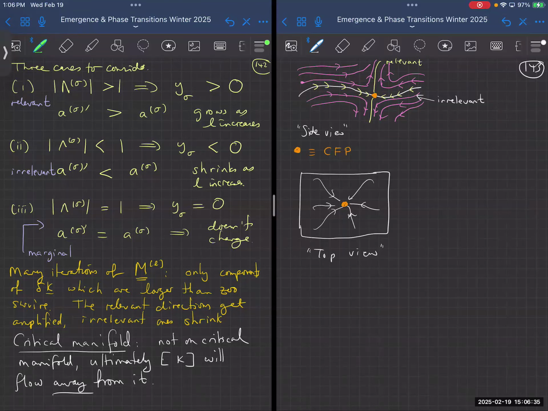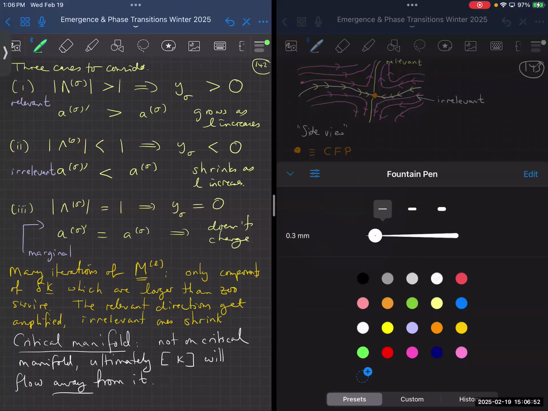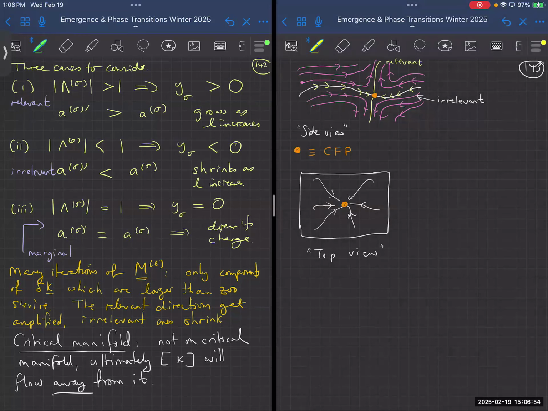The ones that are off the critical fixed point, I can't really draw them. I'll screw it up if I do. So just imagine them coming down and then sort of coming out of the board perpendicular to the plane of the picture. So this thing here is the critical manifold.